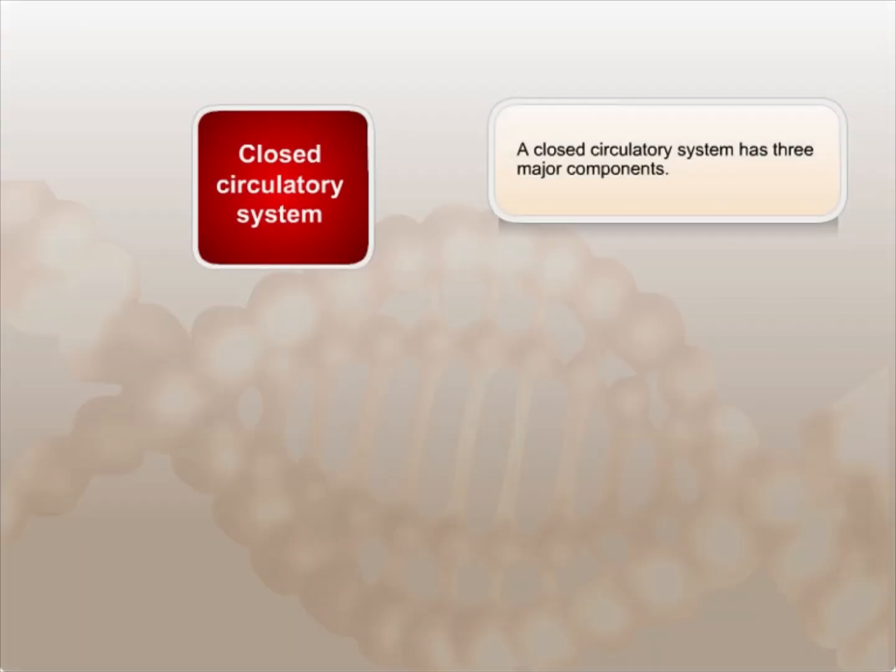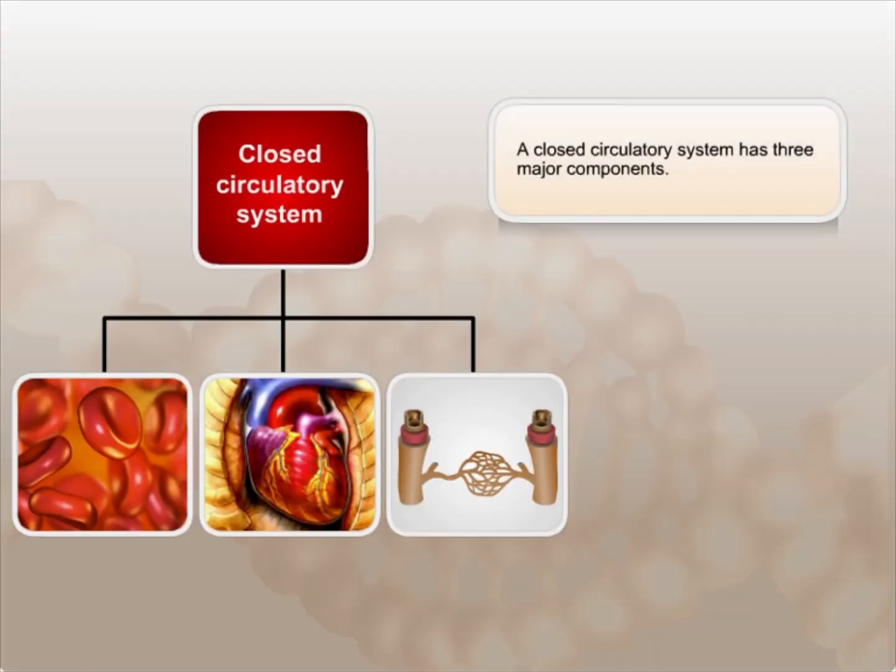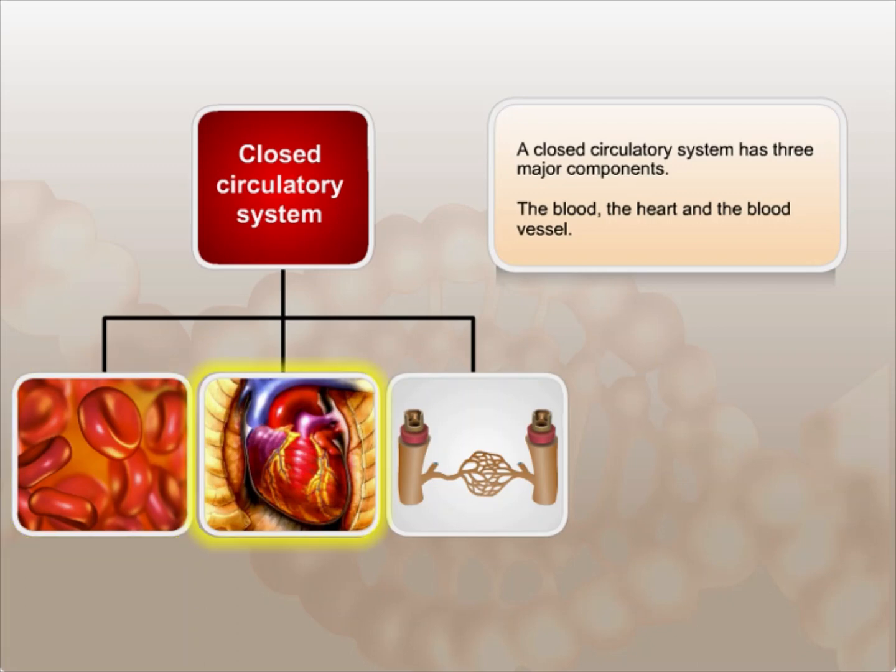Generally, a closed circulatory system has three major components. The blood, the heart, and the blood vessel.